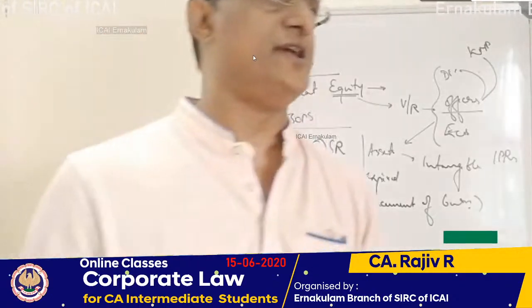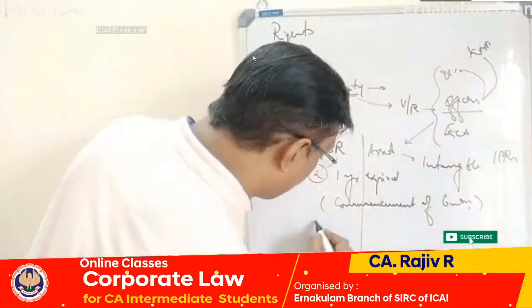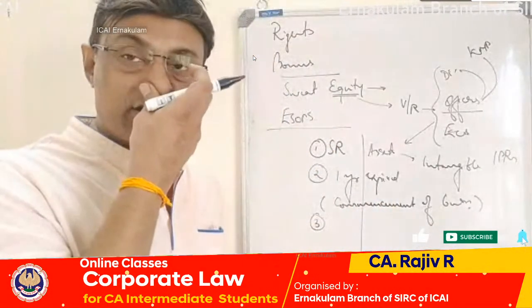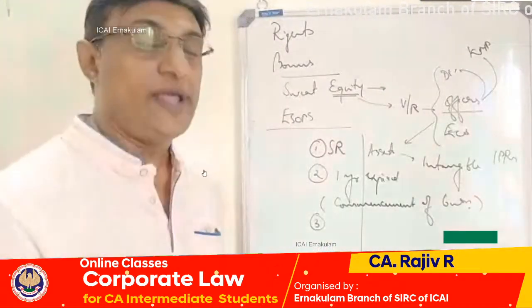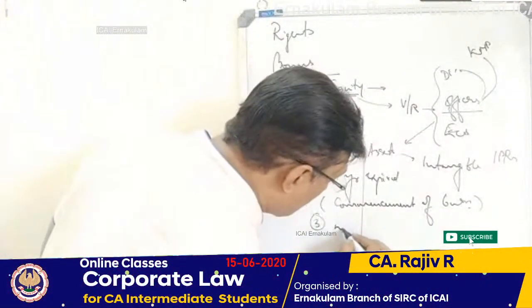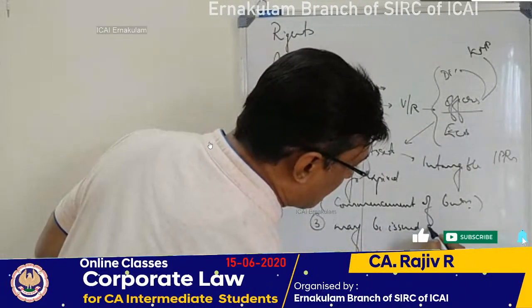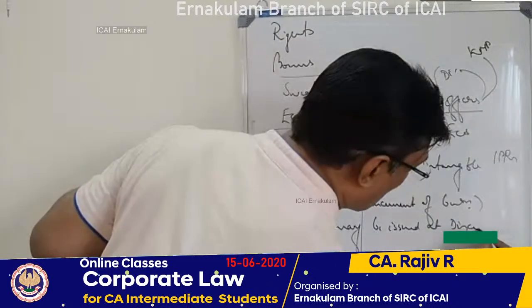Now the third condition, I will connect this with something that we have already seen before. We have seen that sweat equity shares is the only class of shares which may be issued at a discount.